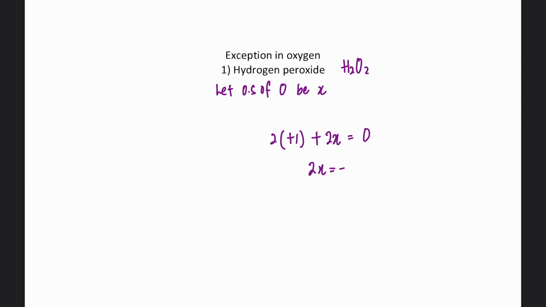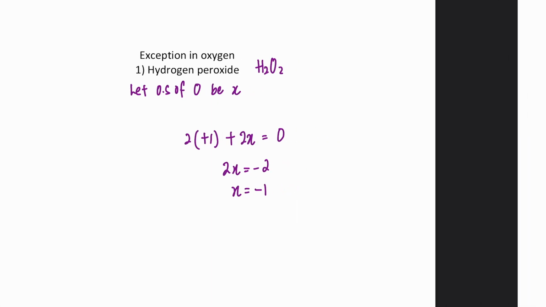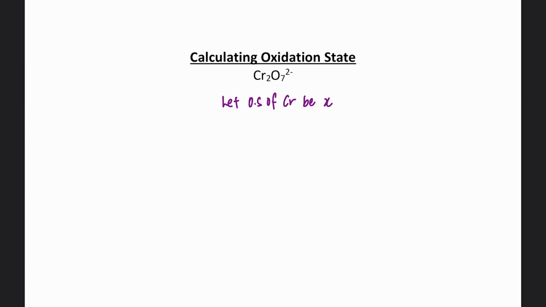Solving for x, you realize that x is equal to -1. So this is one of the exceptions that gives you an oxidation state of oxygen of -1. If not, most of the time, the oxidation state of oxygen will be -2, which follows the charge of the anion.